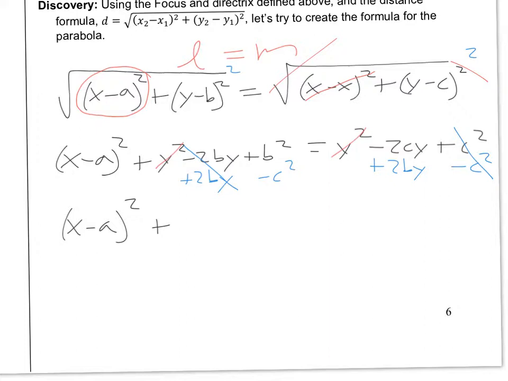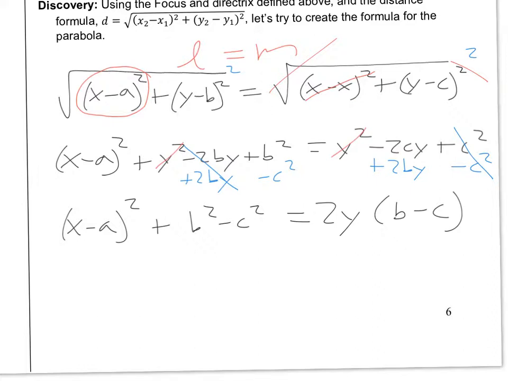Couldn't I write this as b squared minus c squared equals, and over here, if you think about this, I'm going to just combine these. They both have a 2 in them, they both have a y in them, so I could factor out the 2y, and I would just have b minus c.